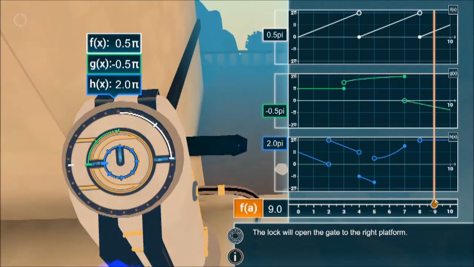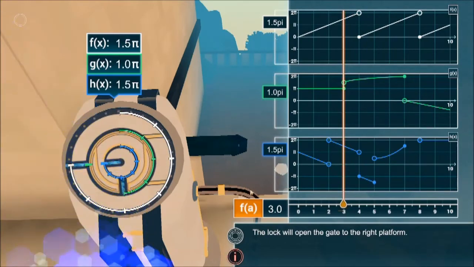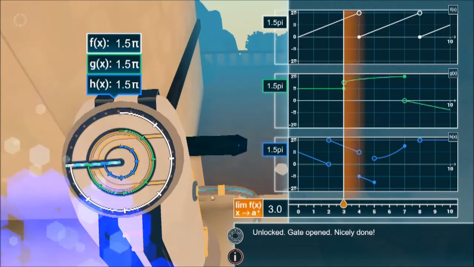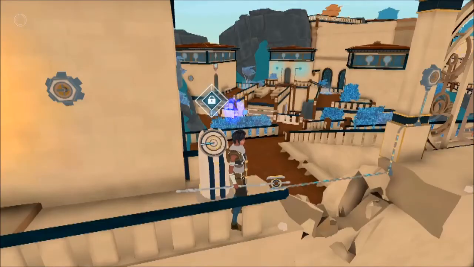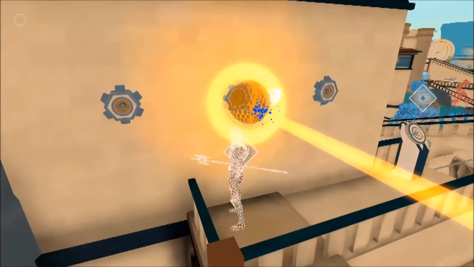But 1.5 pi will also do the job, which is, well, that's 1.7, not 1.5. But this here is 1.5 if we go in the positive direction. There we go. This is good. Especially having that interaction between the different graphs. No, I like this. I like it a lot.